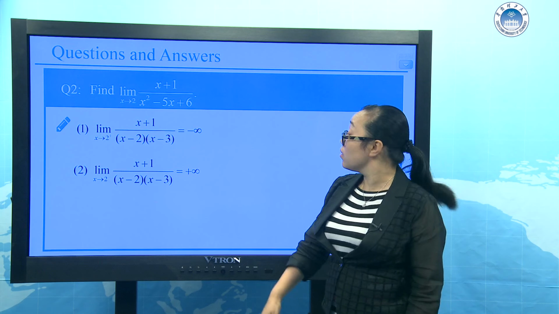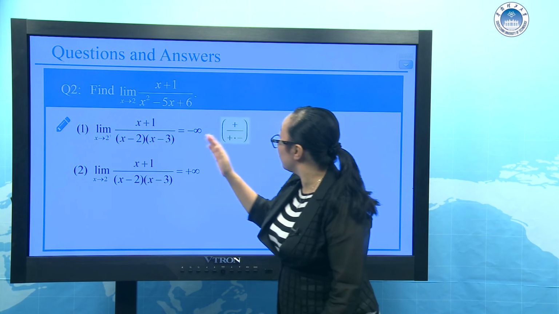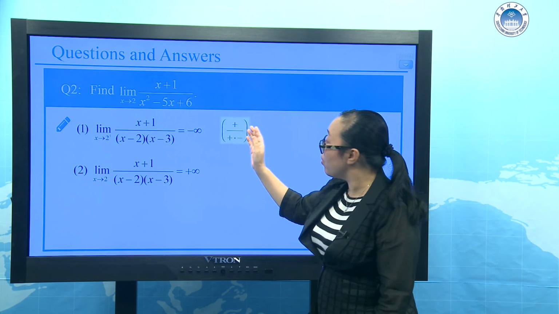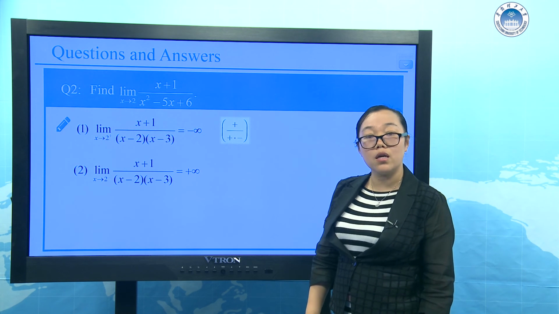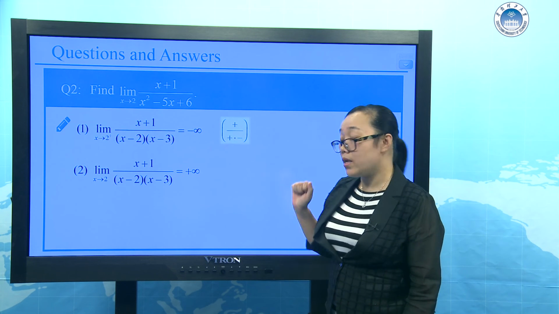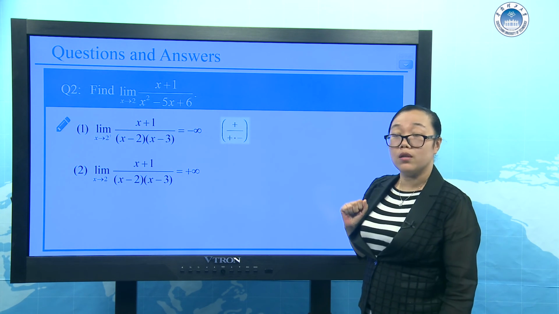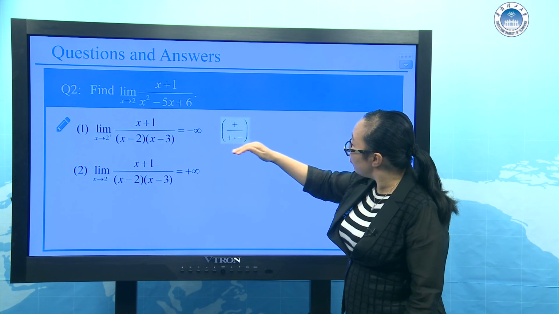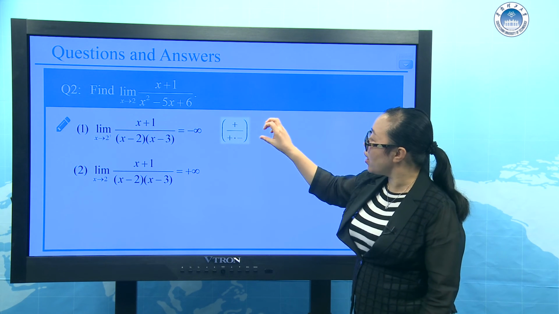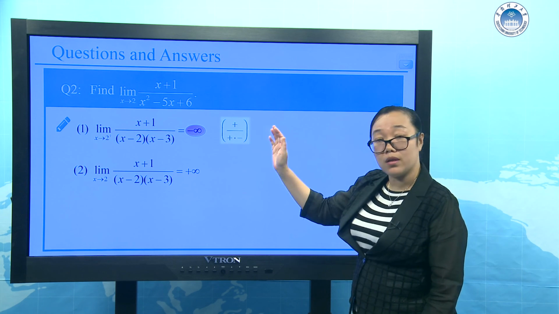Because x plus 1, with x tending to 2, corresponds to 3, which is positive. X tending to 2 from the right side gives a positive times some negative term. Together, positive and negative means minus. So the first means minus infinity.